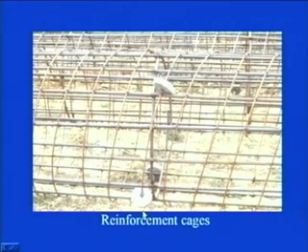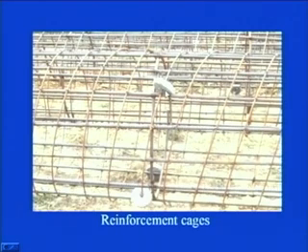When you lower down this reinforcement cage in the borehole, it should not come in contact with the wall of the borehole. So it works as a spacer, and being of this shape and not fixed, it can rotate. So it facilitates the lowering of the reinforcement cage in the borehole.